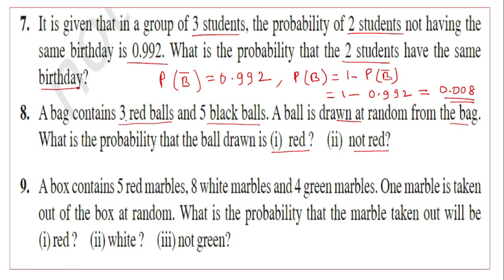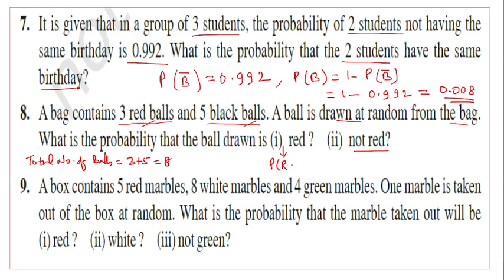The bag contains 3 red balls and 5 black balls, so the total number of balls is 3 plus 5, 8. Out of 8 balls, we need to find the probability that the ball is red. How many red balls are there? 3.